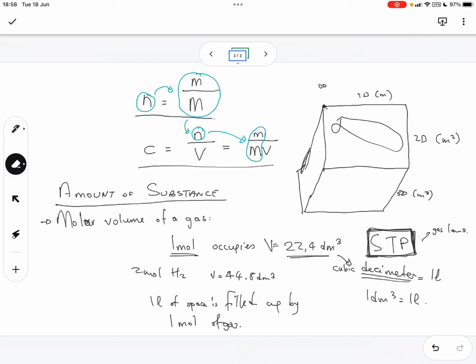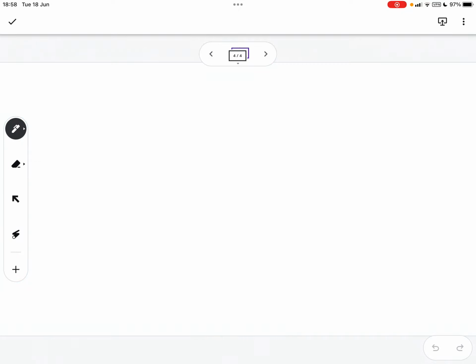The amount of space that 1 mole of gas can occupy is 1 liter. It's 1 cubic decimeter, 1 dm cubed. So far, we're still together? All right, cool.